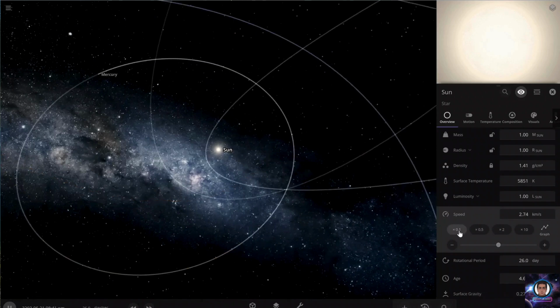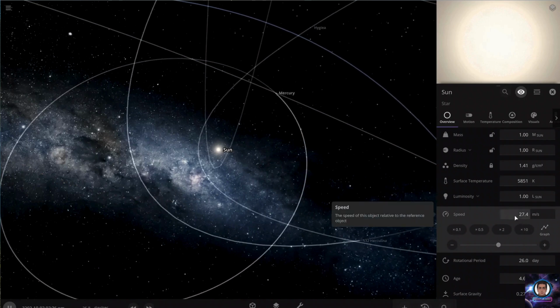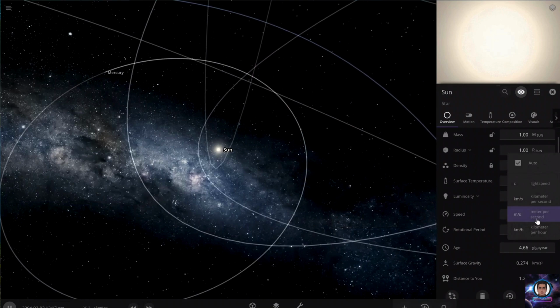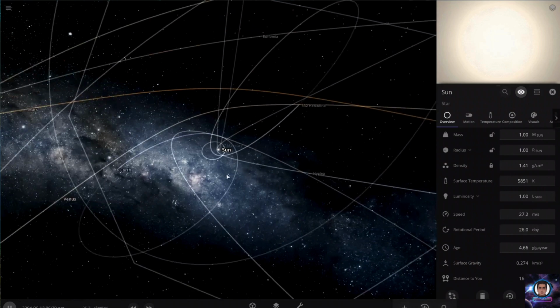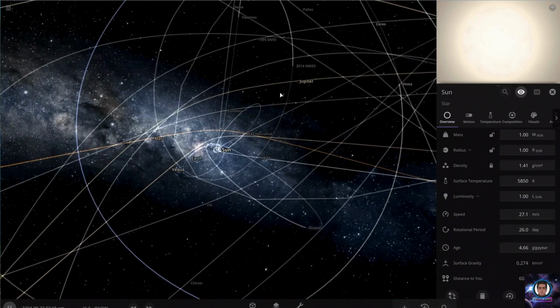So I would decrease it to a normal amount. It was around 27 meter per second.